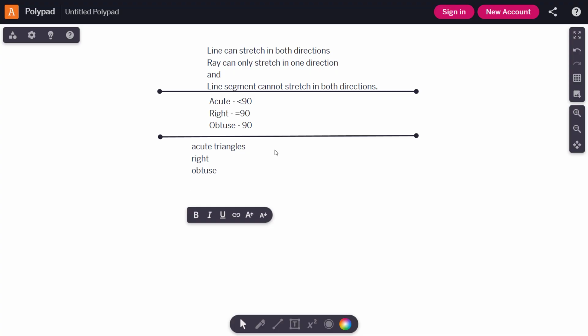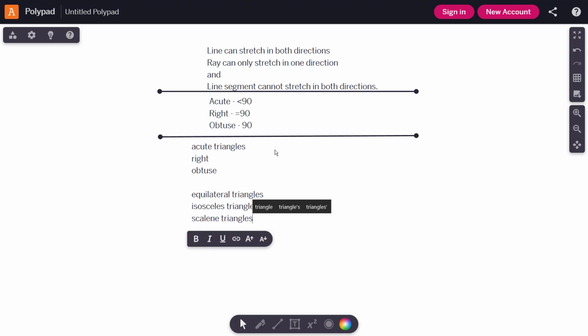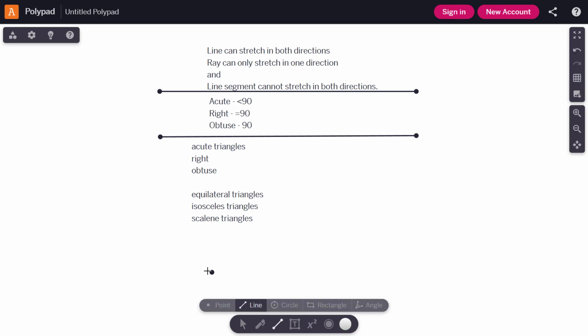If all 3 sides are the same, they're called equilateral triangles. Then isosceles triangles and scalene triangles. Again, isosceles means only 2 sides are the same. Scalene means no sides are the same.